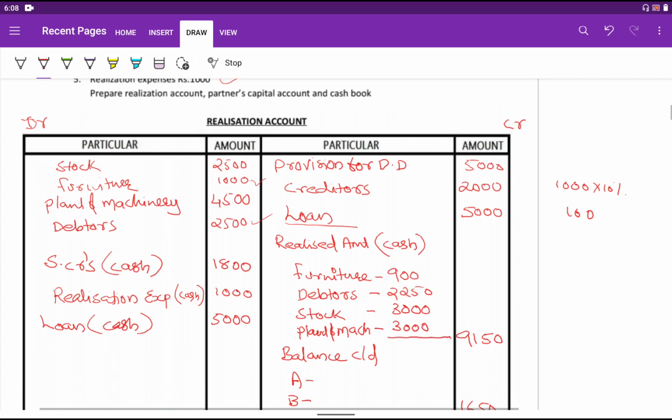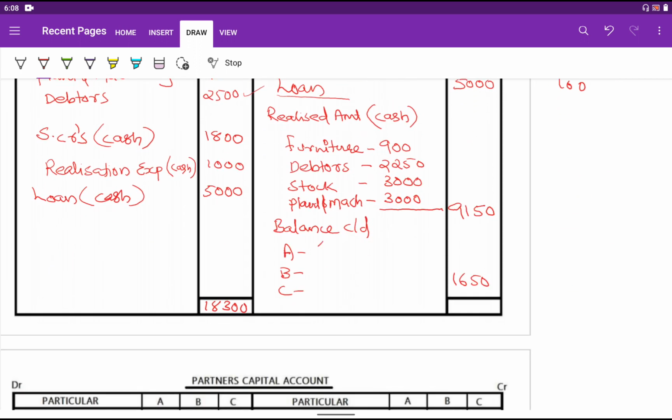So the answer will be 616 for A, 616 for B, 313 for C, total 1,615. So 18,300 total. Actually this is the revaluation loss.